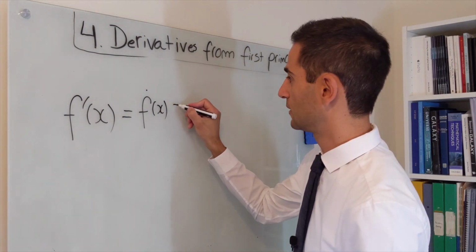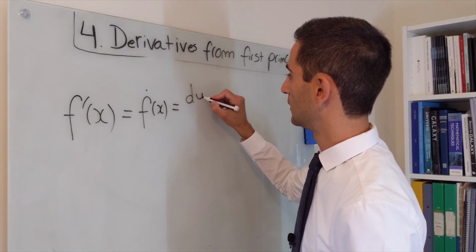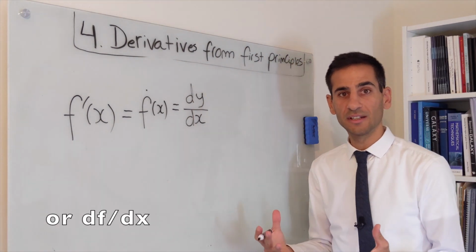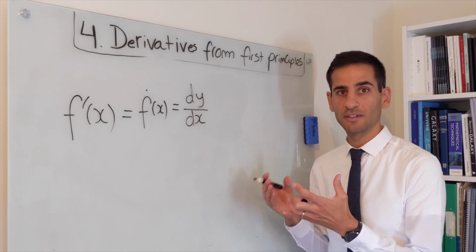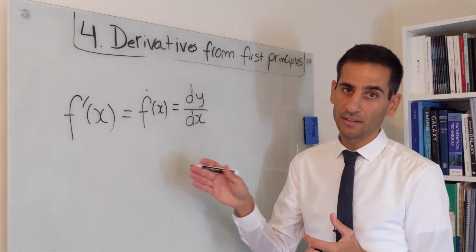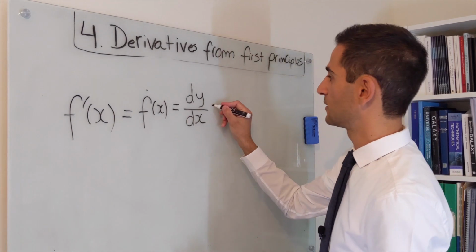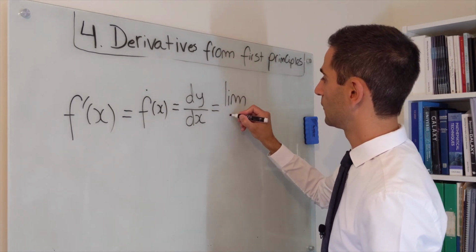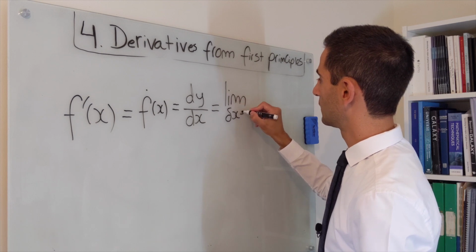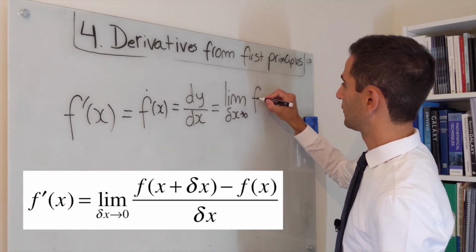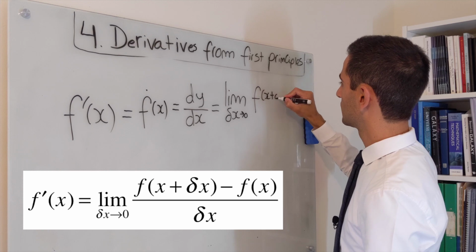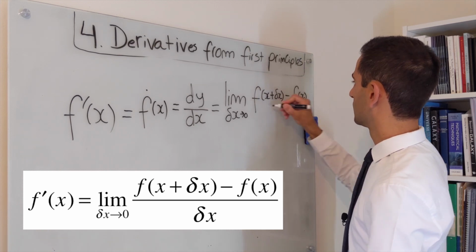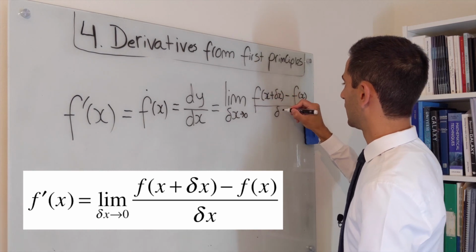In Leibniz notation, we use dy/dx, and as we've seen from geometrical arguments and making a secant tend to a tangent, this can be obtained by calculating the limit when dx goes to 0 of f(x + dx) - f(x) over dx.